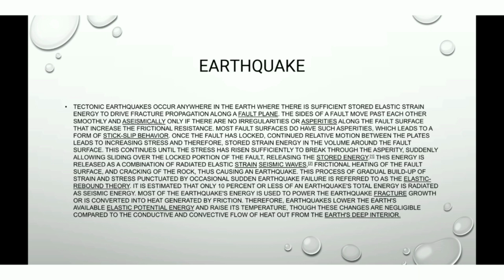Most of the earthquake's energy is used to power the earthquake fracture growth or is converted into heat generated by friction. Therefore, earthquakes lower the Earth's available elastic potential energy and raise its temperature, though these changes are negligible compared to the conductive and convective flow of heat out from the Earth's deep interior.